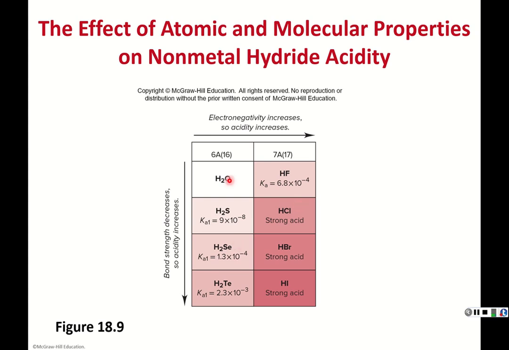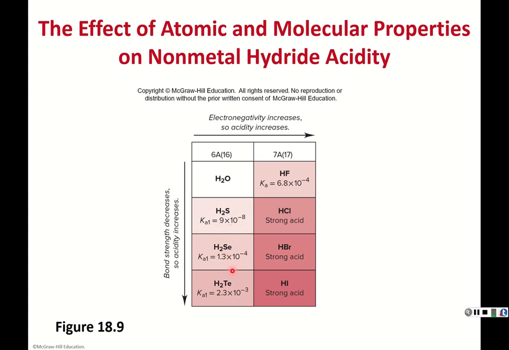If we look at the oxygen group now, H2O is really not an acid. We've seen it can be both, but it's not really considered an acid by any means. But if we look at H2S, one step down in that group, its Ka value is shown here, 9 times 10 to the minus 8th.